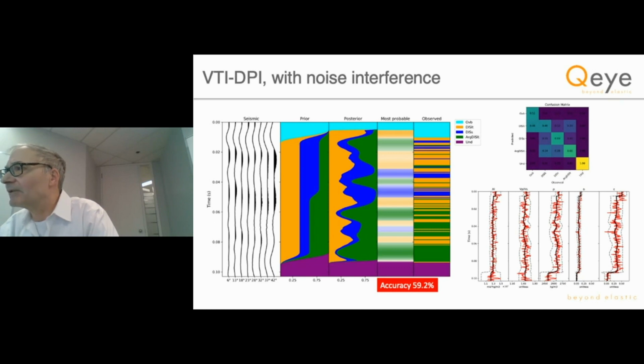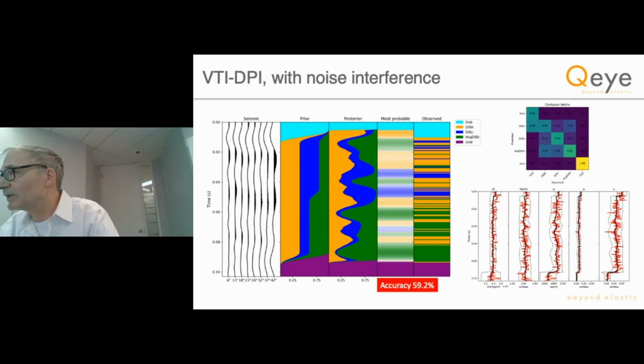And you can see that it's blurring, we've lost the resolution. We're still matching in a sort of very broad sense, but we've certainly reduced the probability, and you can see even from the posterior that it's quite coarse, it's not resolved, and it's probably not fitting the observed log information.